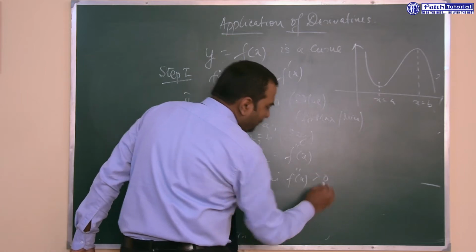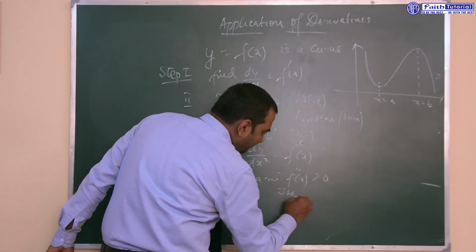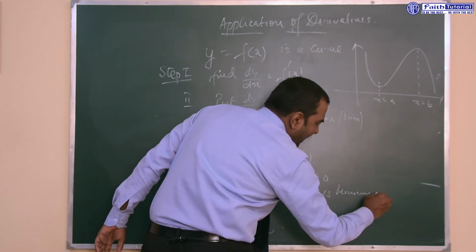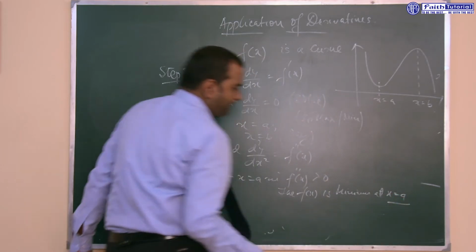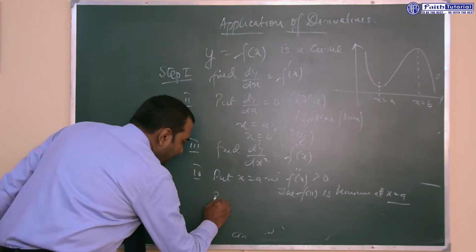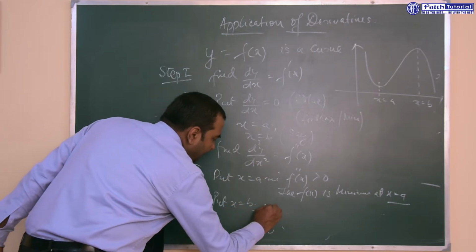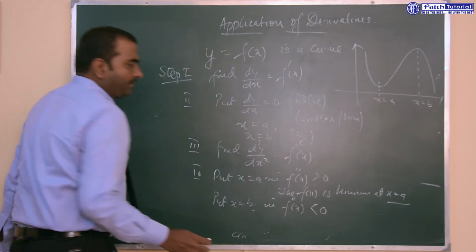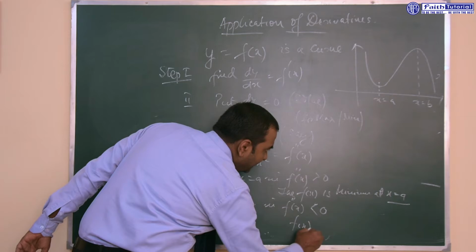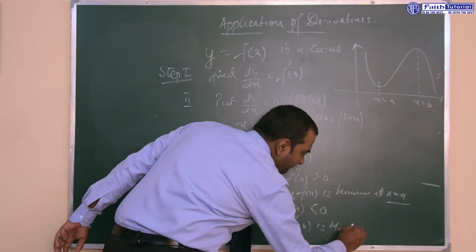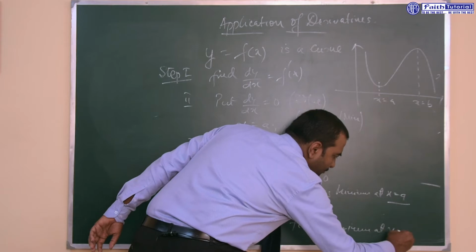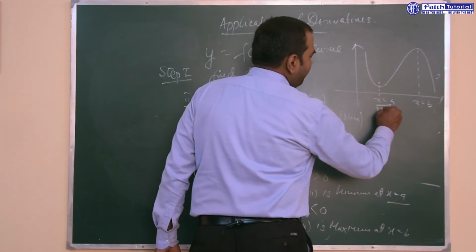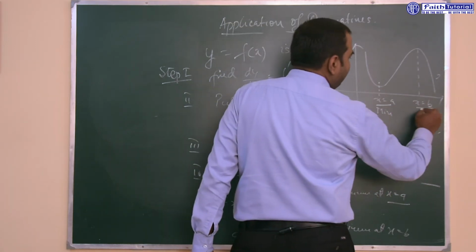If it is greater than 0, the function is minimum at x equals to a, and again put x equals to b in f double dash x, and suppose it is less than 0, so f(x) is maximum at x equals to b. That means this is the point of minimum and that's the point of maximum.